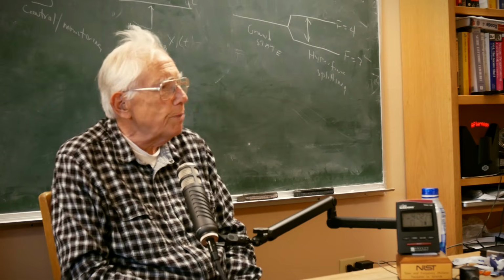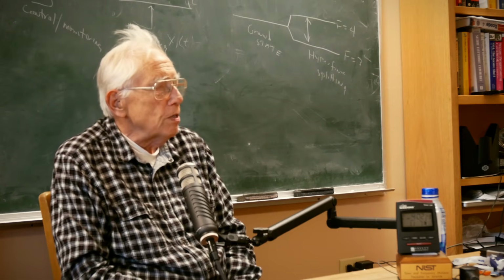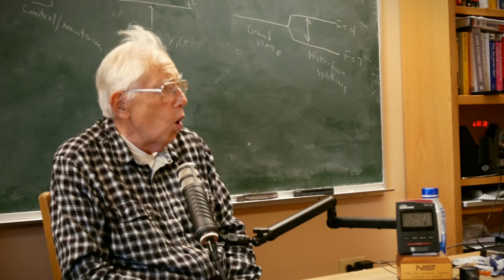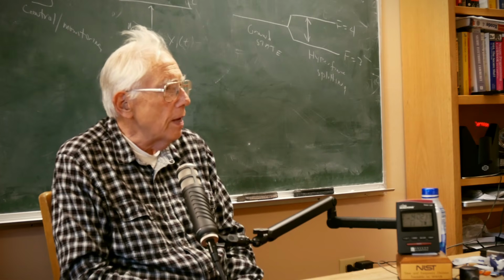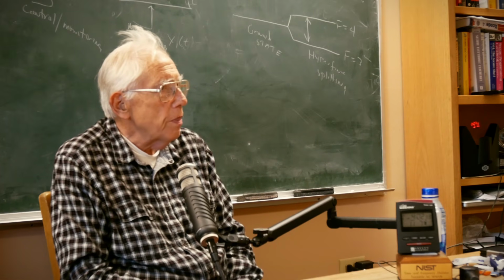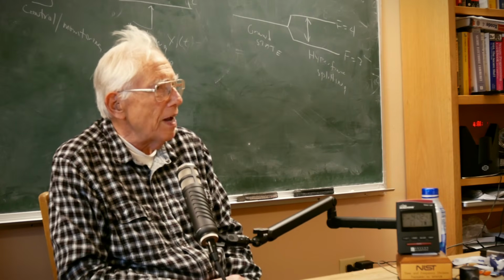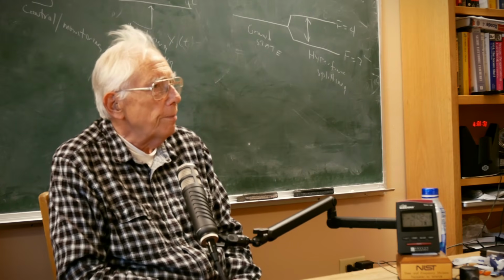Okay, interesting. How was that discovered? I don't know, but it was a well-known idea long before cesium clocks. There are a number of different effects that are the same effect.